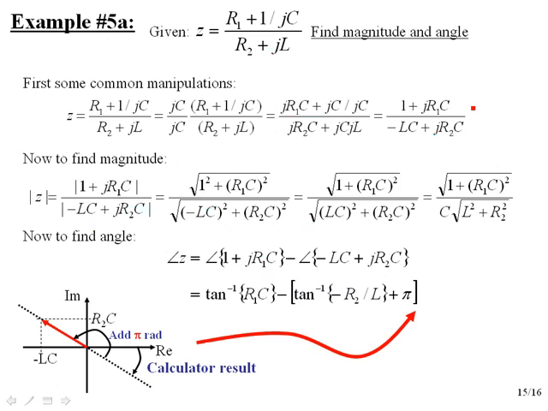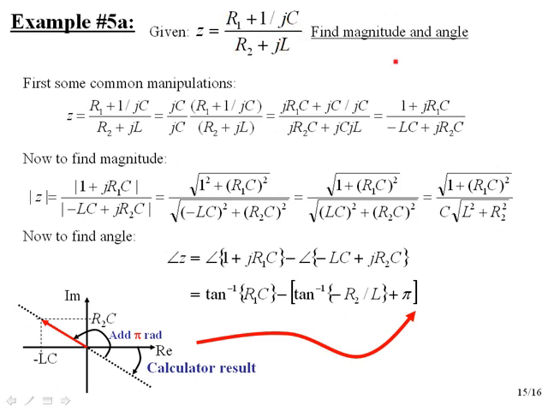Okay, here's another example. Here we're looking at complex numbers that depend on unknown variables. So R1 is like a resistance, C is a capacitance, R2 is a resistance, L is an inductance. Once we're a little further into Chapter 8, you'll know where this example comes from and why we're interested in doing it.